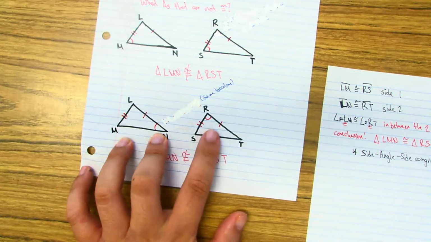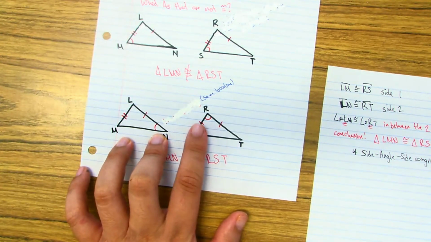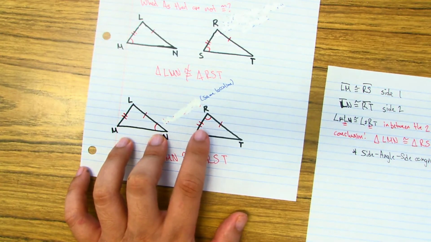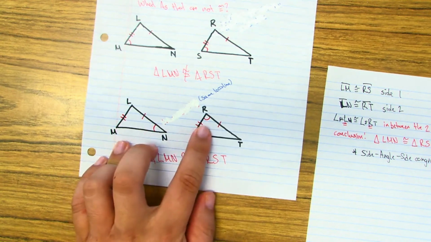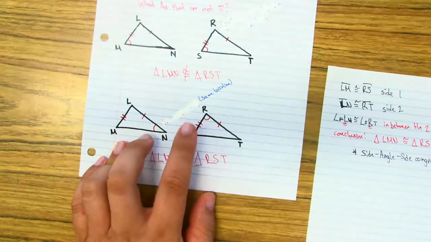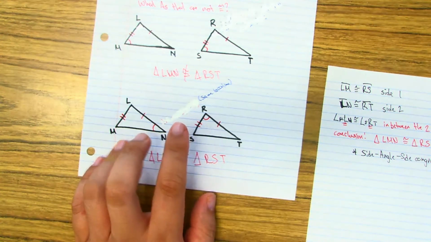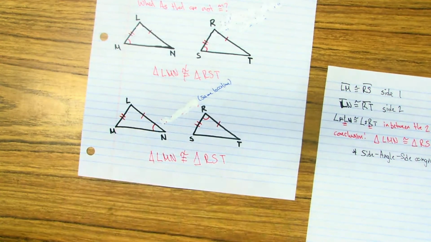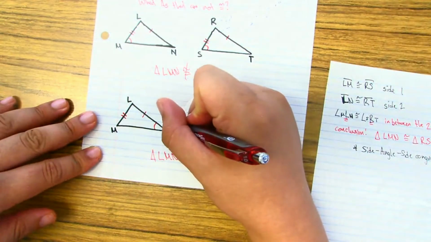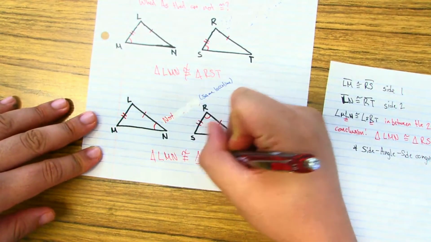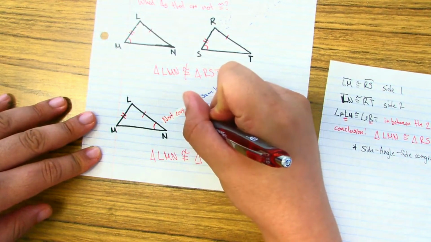So how could they have the same value? Okay, so you have to be very careful of how you look at the diagram. Here, angle N and angle R are not corresponding, they're not at the same location, right? Sometimes the book or they just give you questions that might confuse you, like those error checks. This is an error check. So they are not congruent because they are not corresponding.